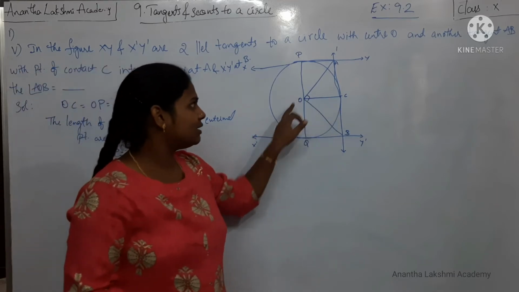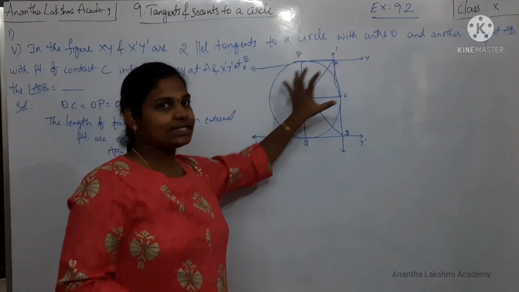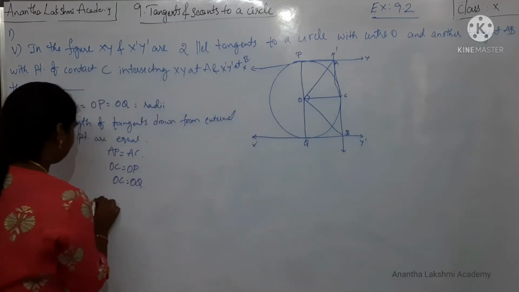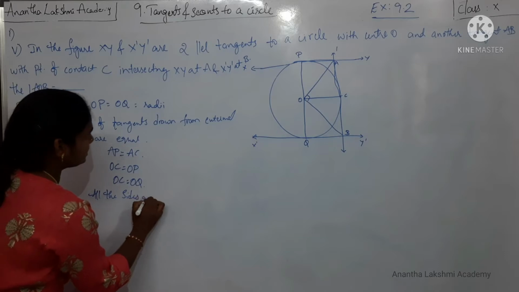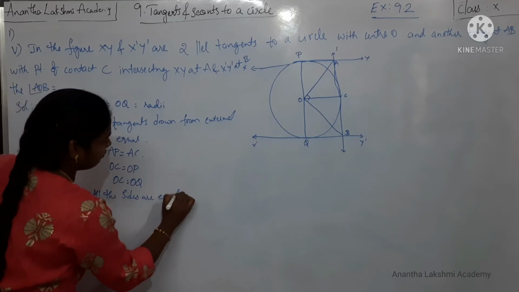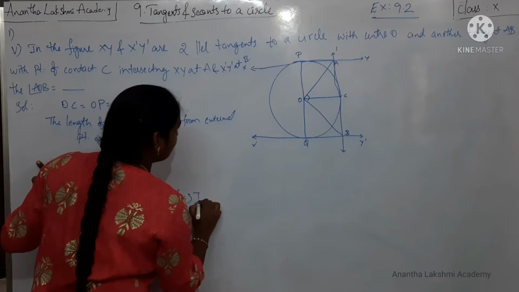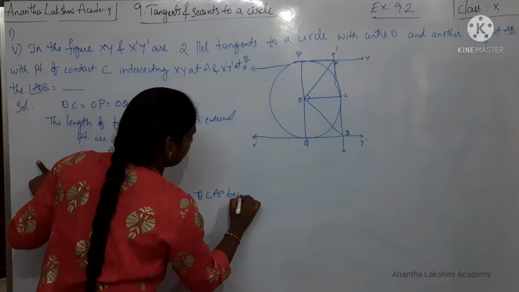Now here in this picture, all the sides are equal, which means this becomes a rhombus. What becomes a rhombus? OCAP becomes a rhombus.